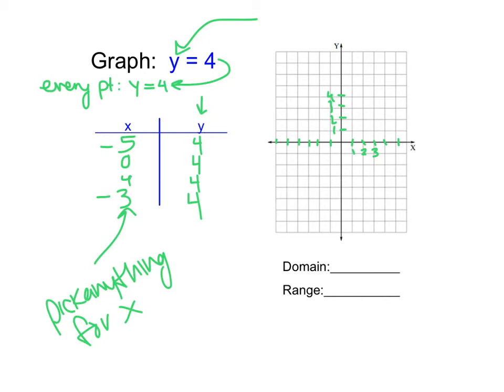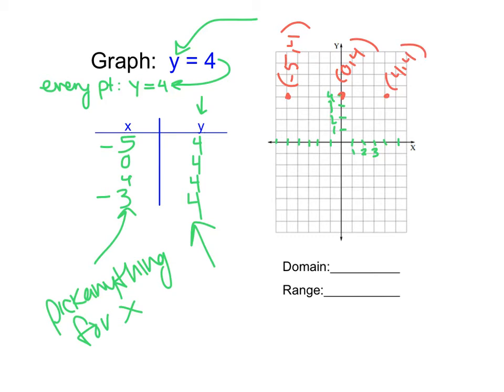So what we're going to do is we're just going to go, we know that y has to be 4, and we picked whatever values we wanted for x. So we're going to plot each point. X is negative 5, so 1, 2, 3, 4, 5, and y is 4. So I can see that point there. I have negative 5, comma 4. Then I have the point 0, comma 4. Then I have the point 4, comma 4.